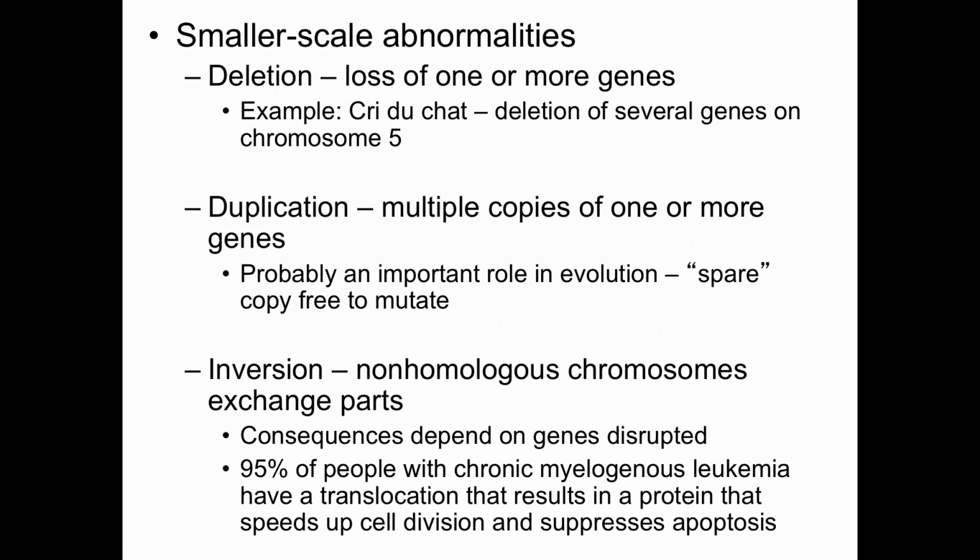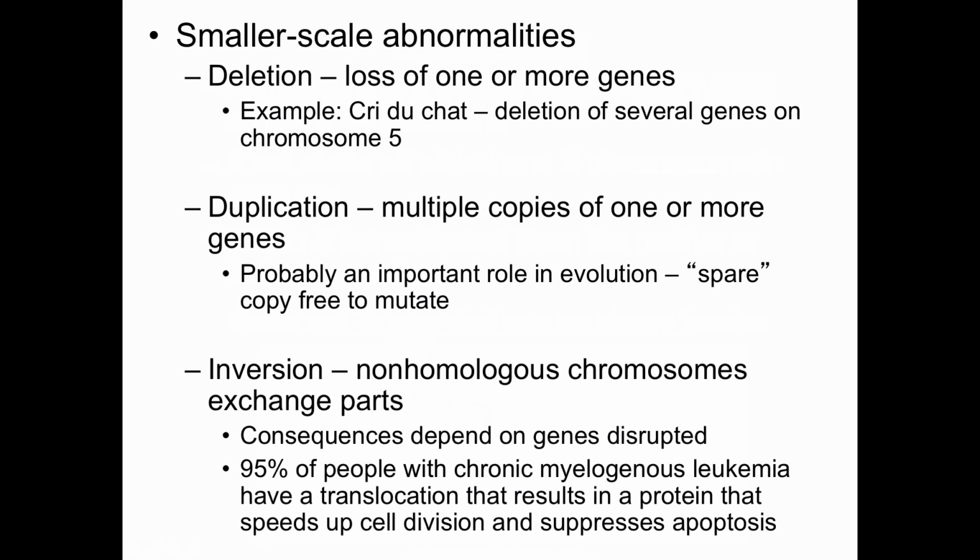There's a type of leukemia called chronic myelogenous leukemia, in which 95% of the people who have that particular type of leukemia have a translocation that causes a protein to speed up cell division and suppress cell death.